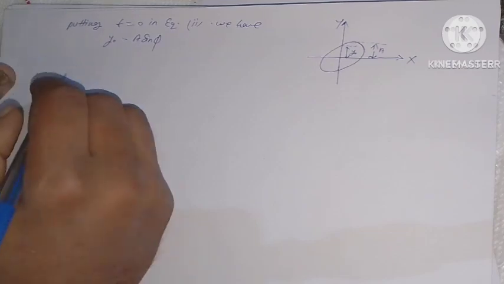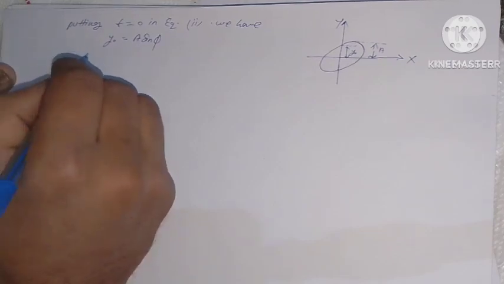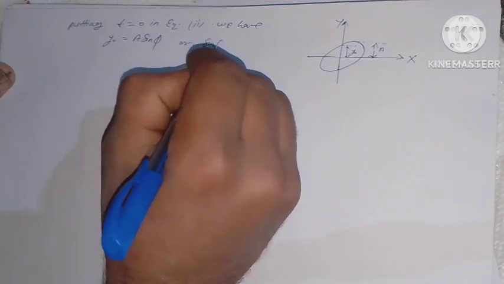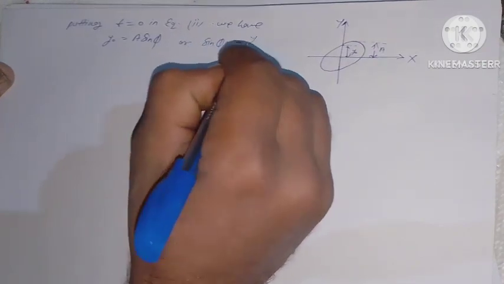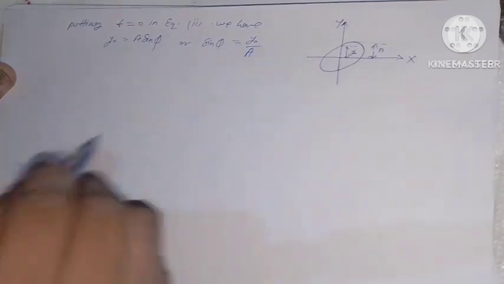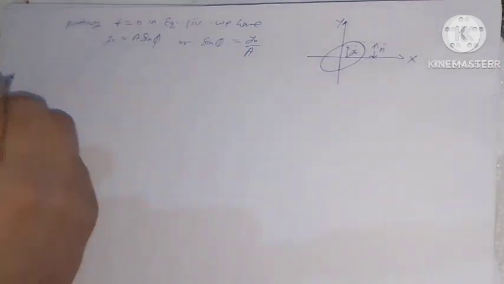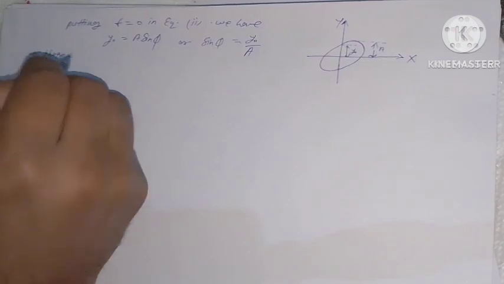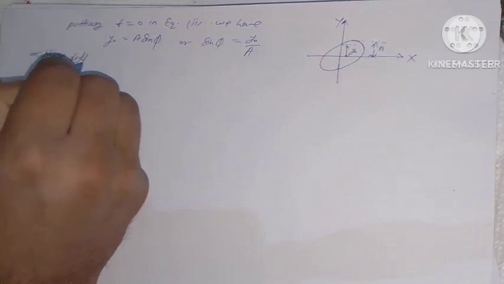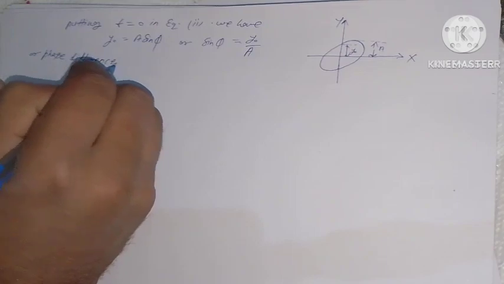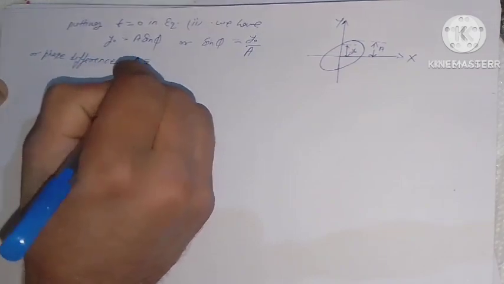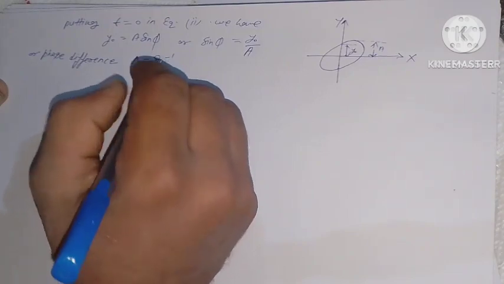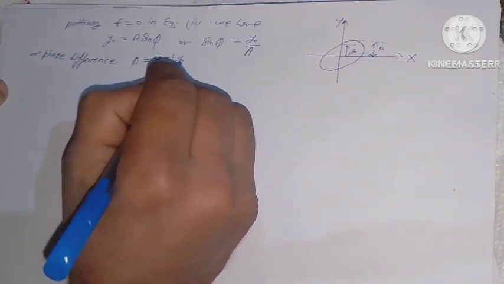Then sin phi equal to y naught by a. Our phase difference phi equal to sin inverse y naught by a.